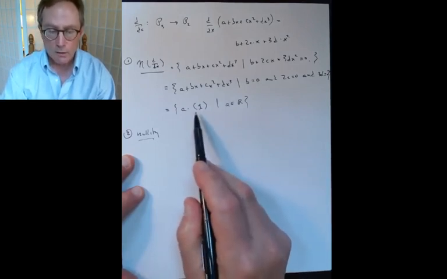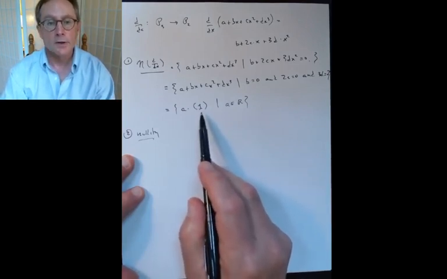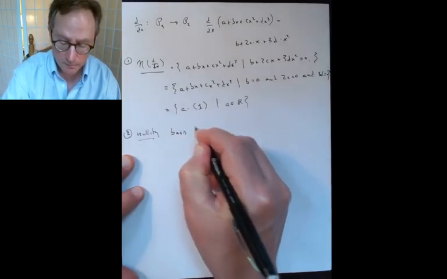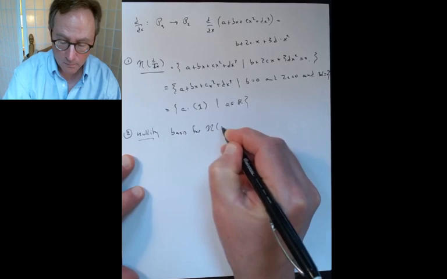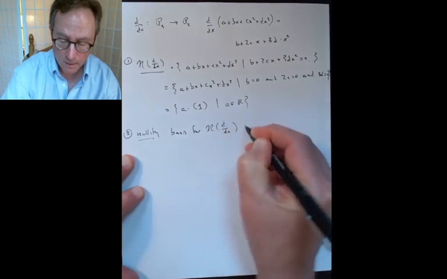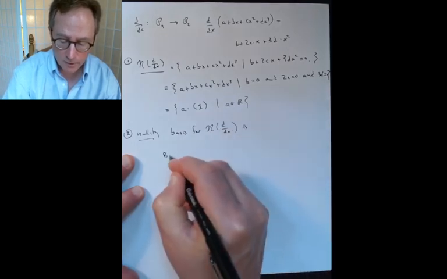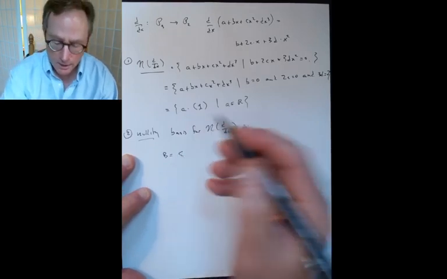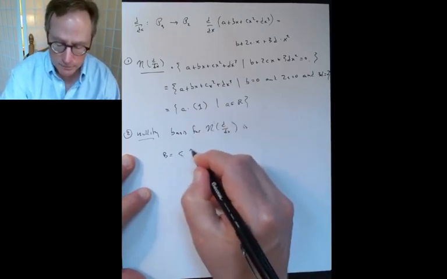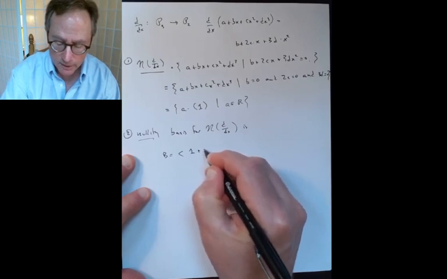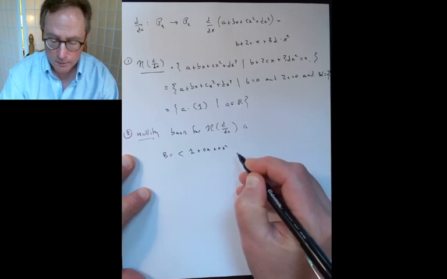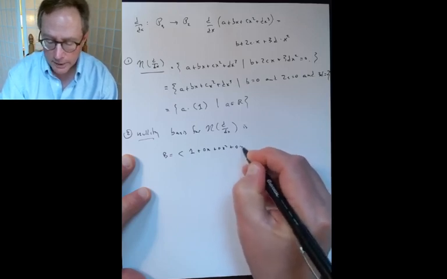The basis for the null space is, maybe I'll do the absolute silliest thing and write 1 plus 0x plus 0x squared plus 0x cubed.